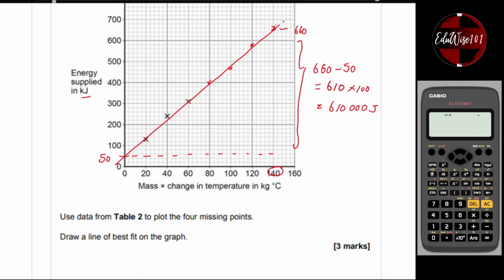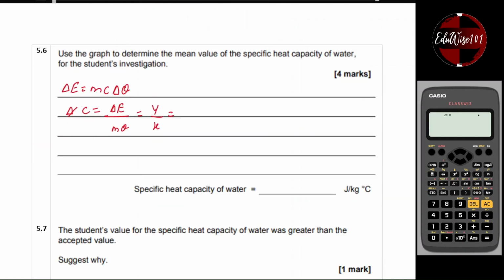So going back, 610,000 divided by 140 gives me 4,357.14.